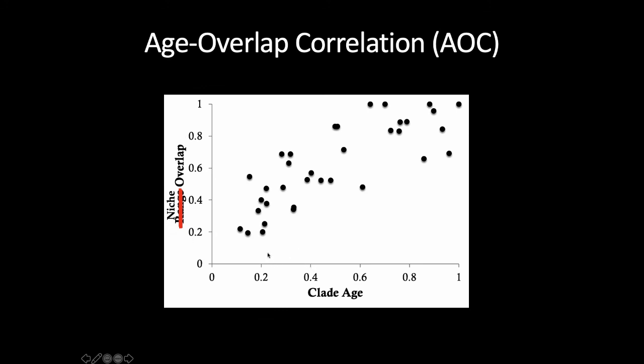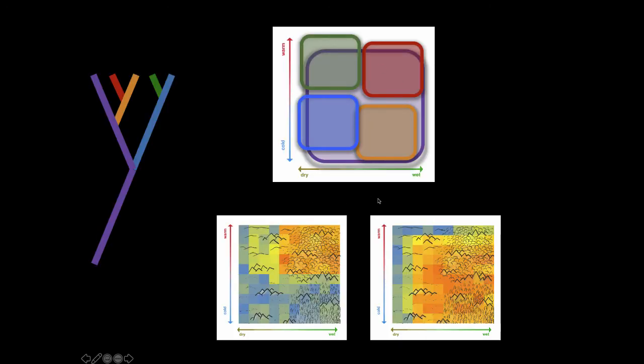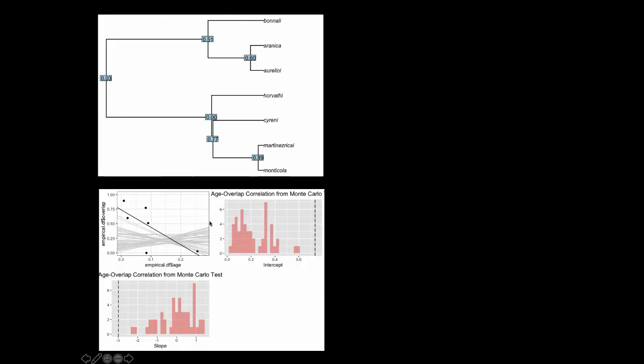So basically, same thing, except that our input data is just overlap in environment space or overlap of niche models in geographic space. But it's still the same sort of thing where you take your empirical overlaps, you average them at the internal nodes in the tree, you do a regression on the relationship between node age and average overlap, and then you compare that to a null distribution.